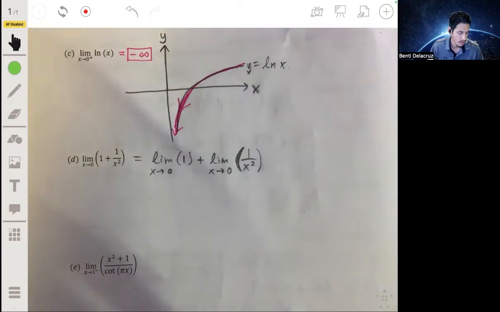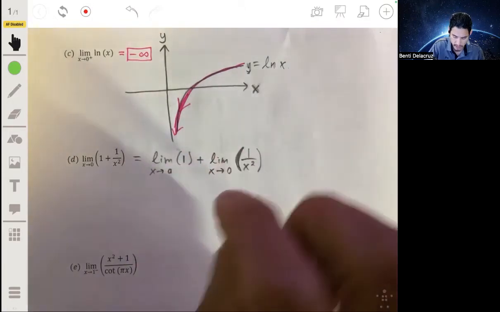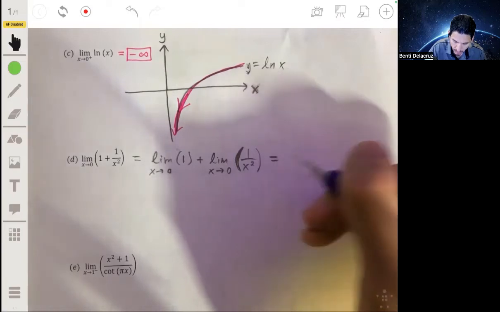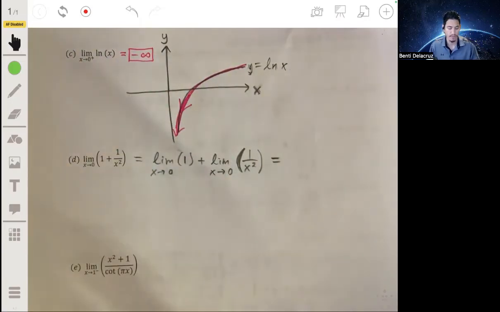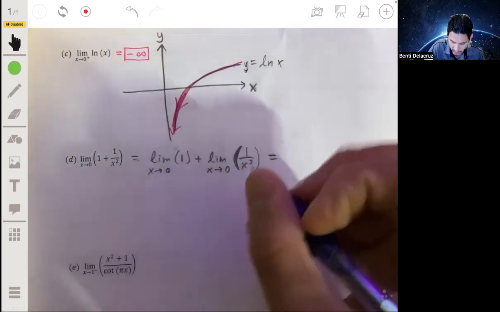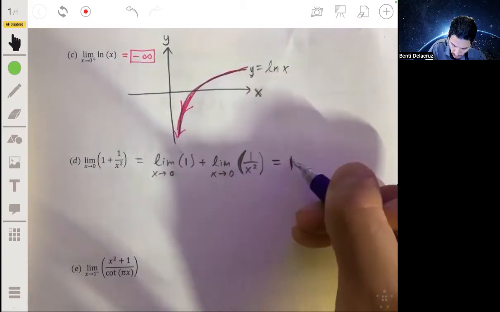Now, since this is a constant, the limit is just 1, and it's not going to be affected by the x value. That would just be 1.